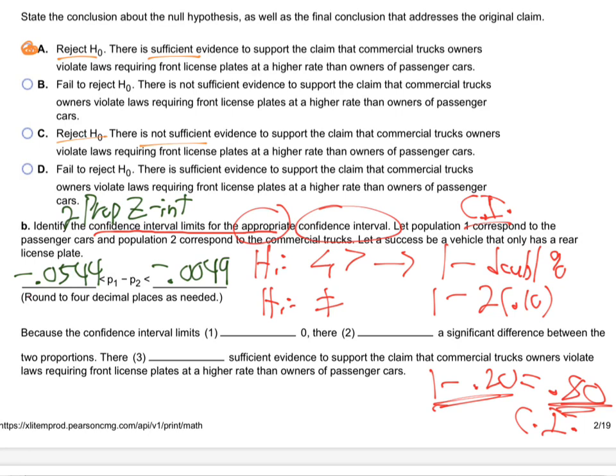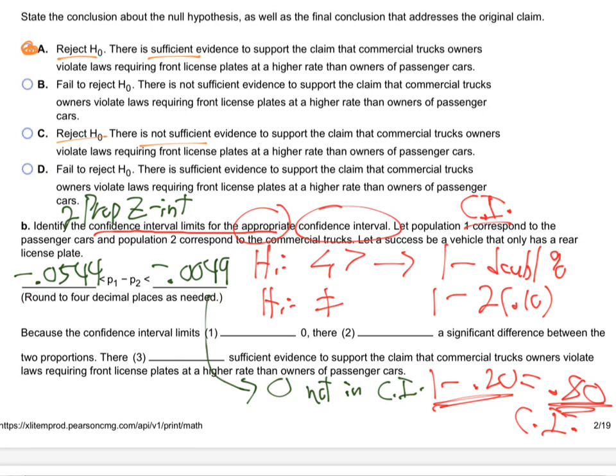So, okay, now what does that mean? Remember what you want to ask: is 0 in that interval? No. Those are two negative numbers, aren't they? So 0 is not in between there. So 0 is not in the confidence interval.